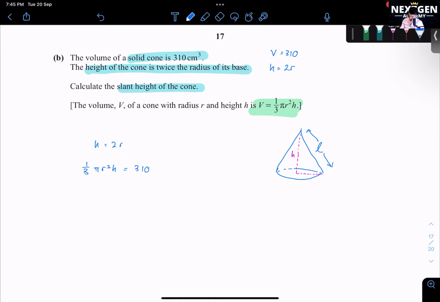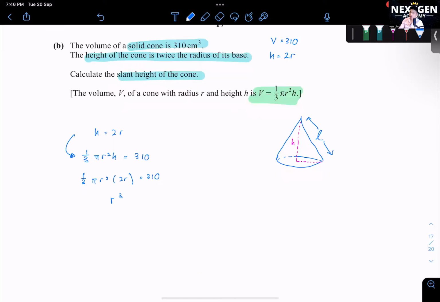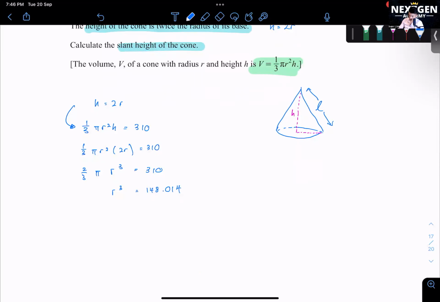We know h equals 2r, so we sub it in: 1 over 3 pi r square, 2r equals 310. One step at a time. Shift the 2 over 3 pi to the right hand side, you will get r cubed equals 148.014. Cube root the entire thing, you'll get 5.2897.